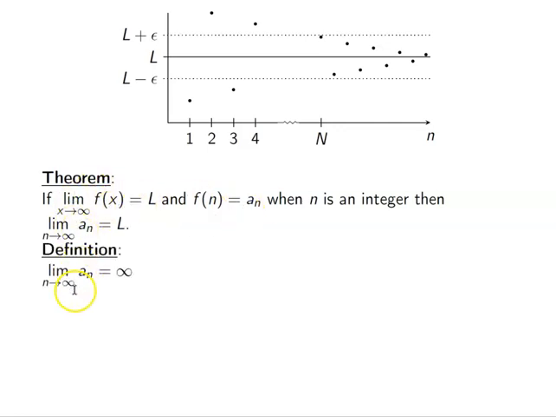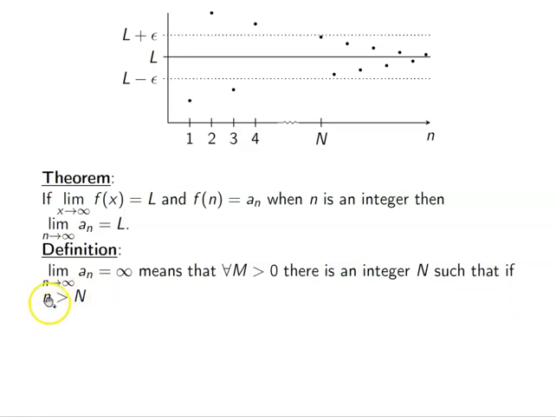Okay. So, if the limit of my sequence as n goes to infinity is infinity, it just keeps getting larger and larger and larger, then that means that for any choice I choose of m, where m is just some positive number, there is always going to be some integer n along the number line where, whenever I look at terms of my sequence larger than that value, then this value of my sequence is larger than that value of m that I chose.